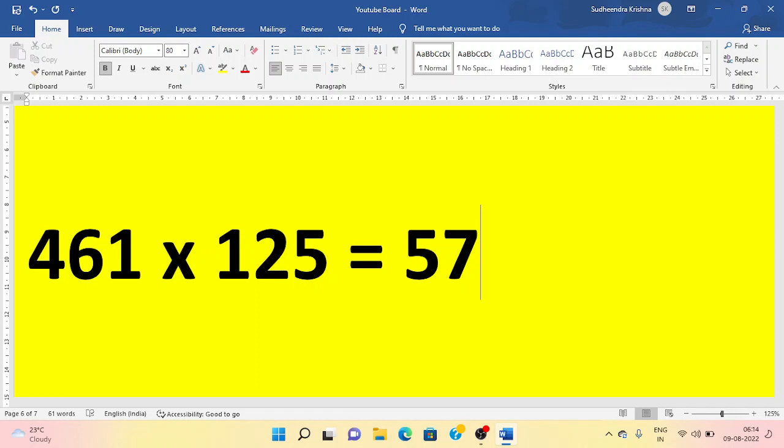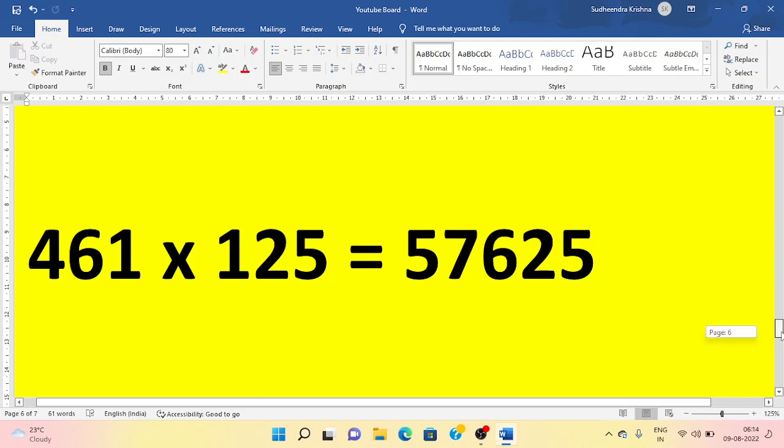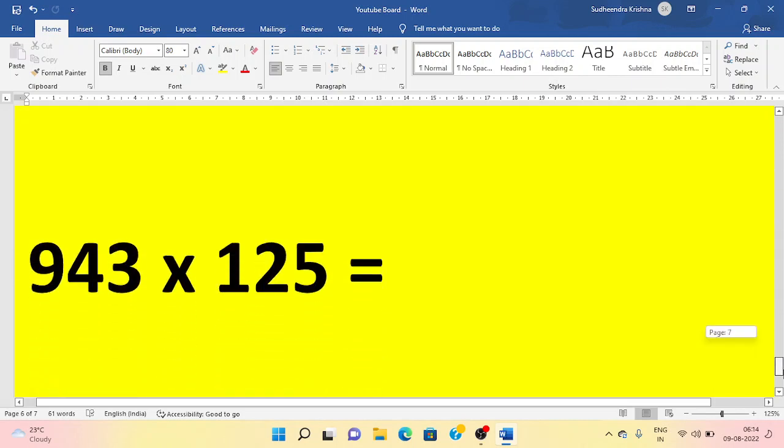When you get 5 as the remainder, you have to put 625 on the right portion of the answer. So this is the required answer. 461 into 125 is equal to 57,625.